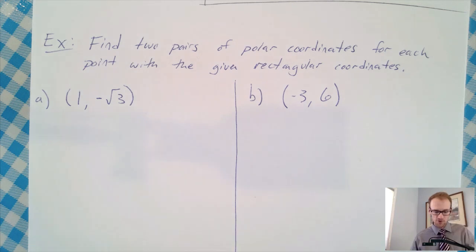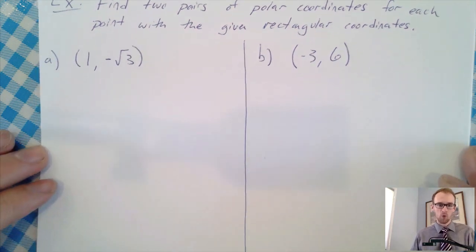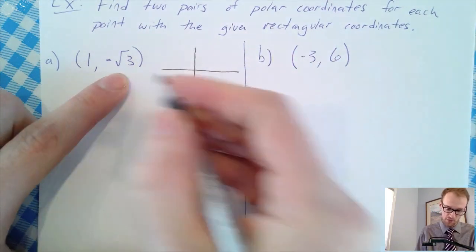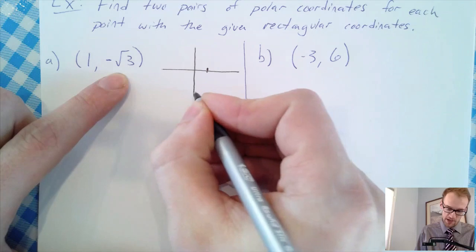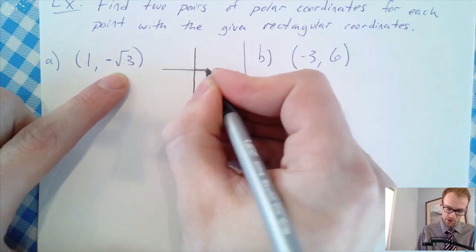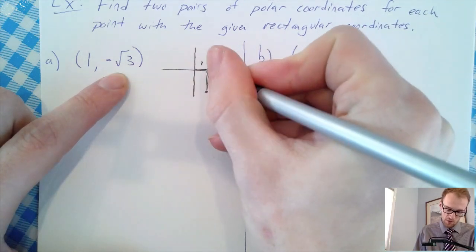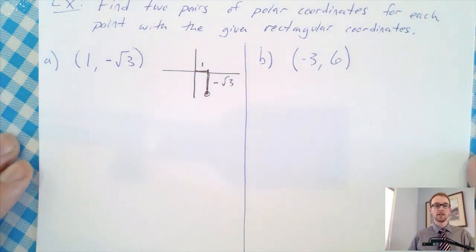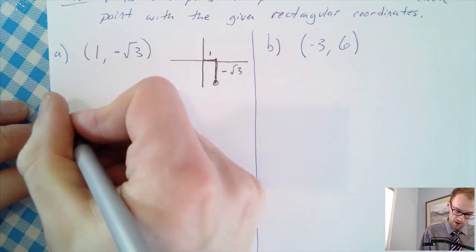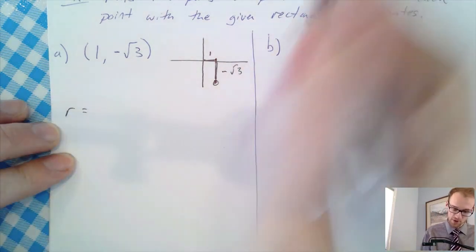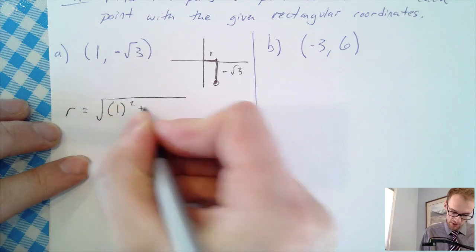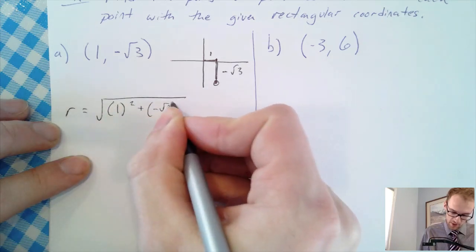Okay, so let's get down to it. (1, -√3). Let's graph where that is real quick. We're 1 over and √3 down, so we have an x-coordinate of 1 and a y-coordinate of -√3, and there's our point. Let's start by finding r. R has the formula that we just wrote down, the square root of x squared plus y squared.